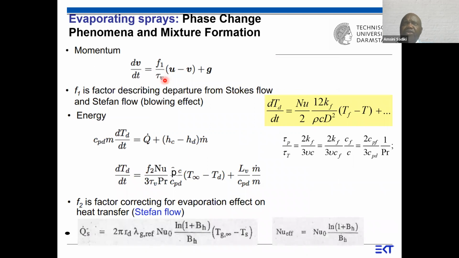We have this factor describing the departure from Stokes law, and Stefan flow, which is 1. If we have Stokes law, it is also 1, in the case where we have no Stefan flow or blowing effect.